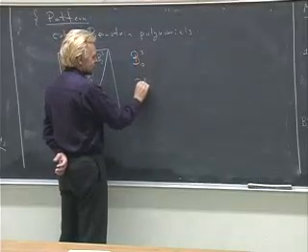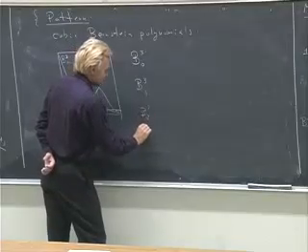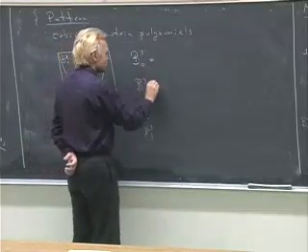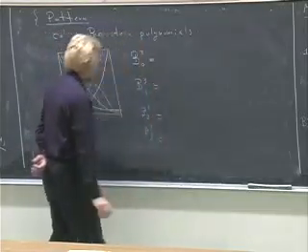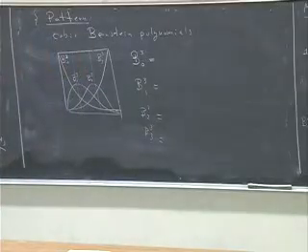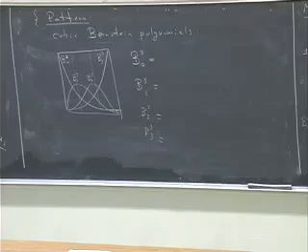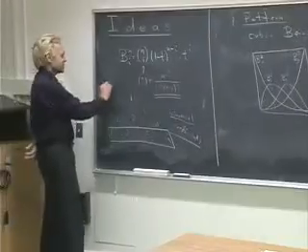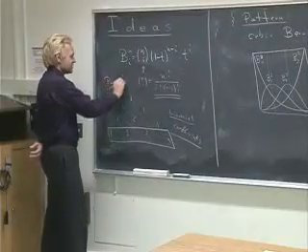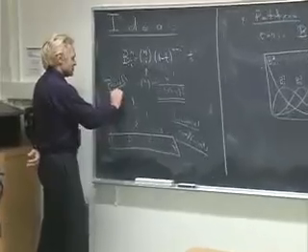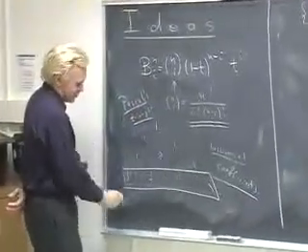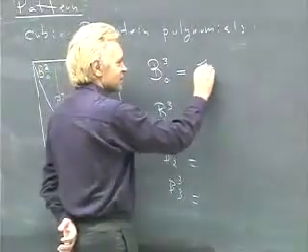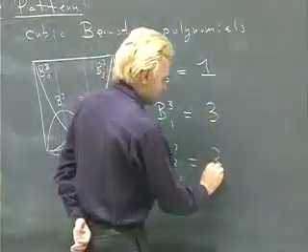B0,3, B1,3, B2,3, and B3,3. Are what? The first thing is I use this entry in my Pascal's triangle, 1, 3, 3, 1, and put these numbers in front of the polynomials.